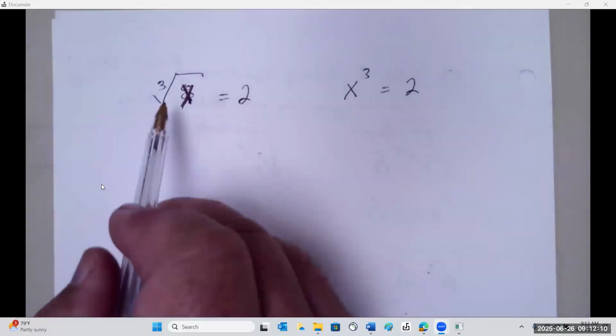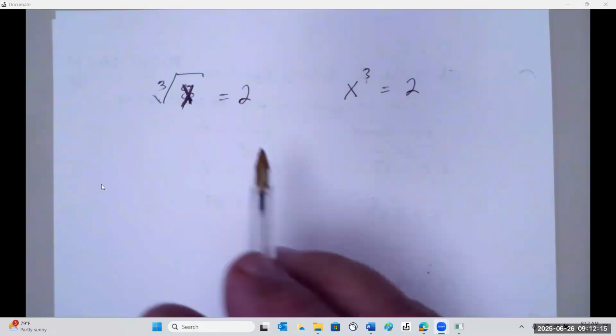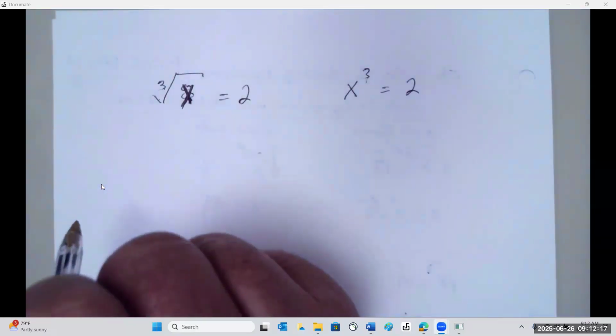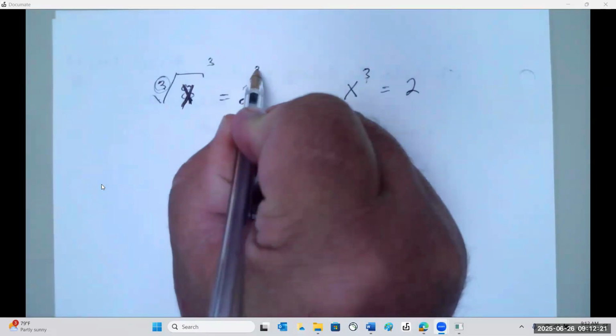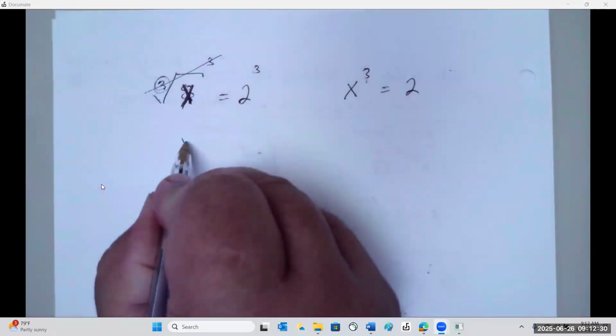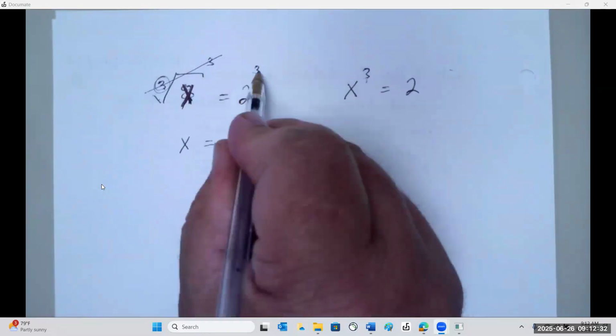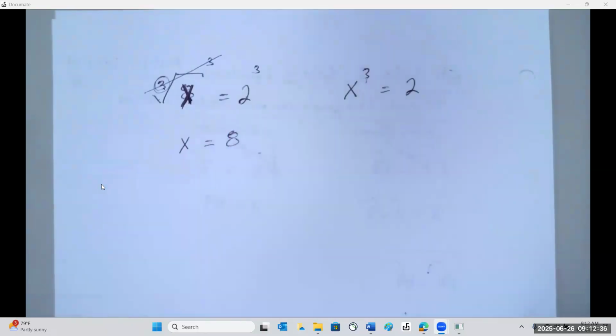So now we have an odd root and an odd exponent. How do we get rid of the cube root? Whatever is here, that's what you raise to the power because they cancel each other. And 2 cubed is 2 times 2 times 2, which is 8.